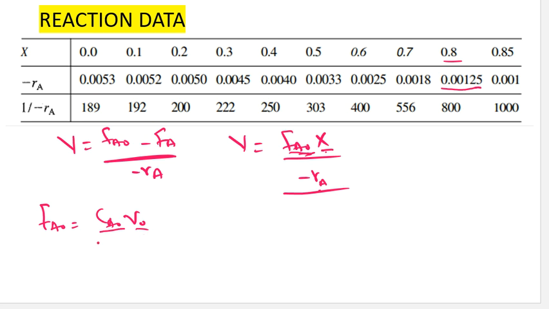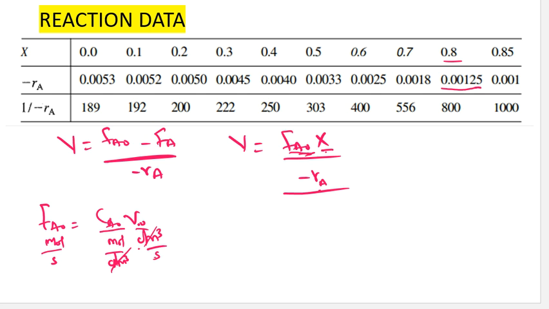So always be conscious of the units and dimensional consistency of whatever you are doing here. FA naught is mole per second, CA naught is mole per meter cube or dm cube, and V naught is meter cube or dm cube per second. So the dm cube cancels, and we have mole per second.